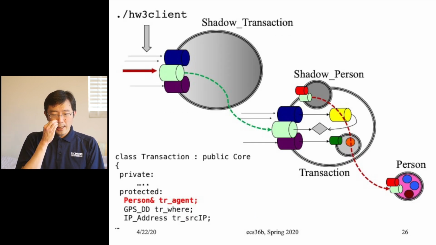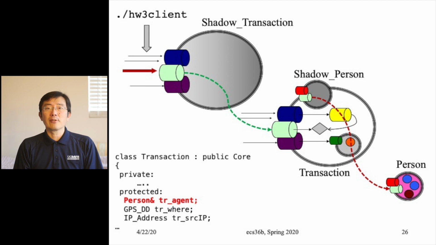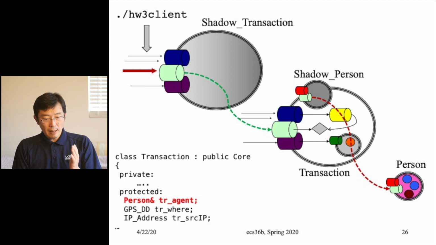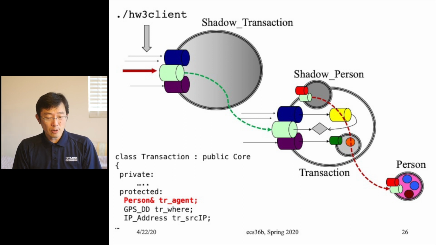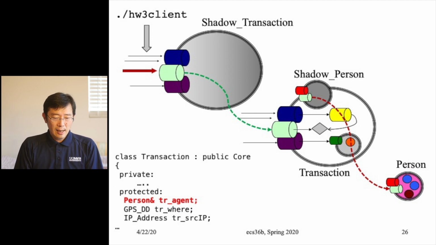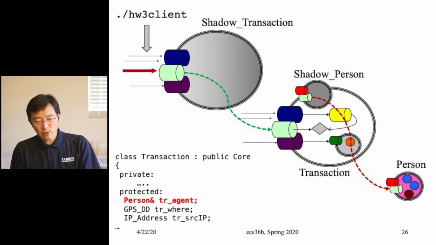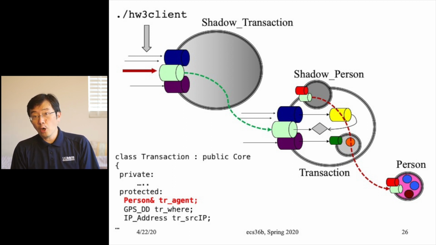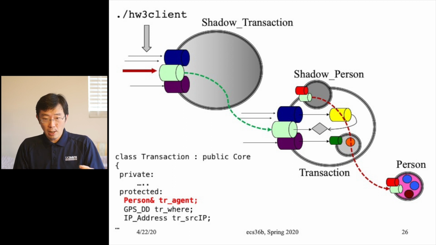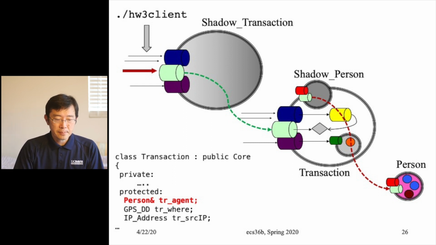This is the way you have to think about how you're going to do this. Again, you have a shadow object called a remote object, which is in Transaction, and it's about conflict of interest. And then in that Transaction, I have to know whether that transaction agent is local or remote. So when you want to bring that in, you have to check. If it's remote, then you have to ship it and send it over there.